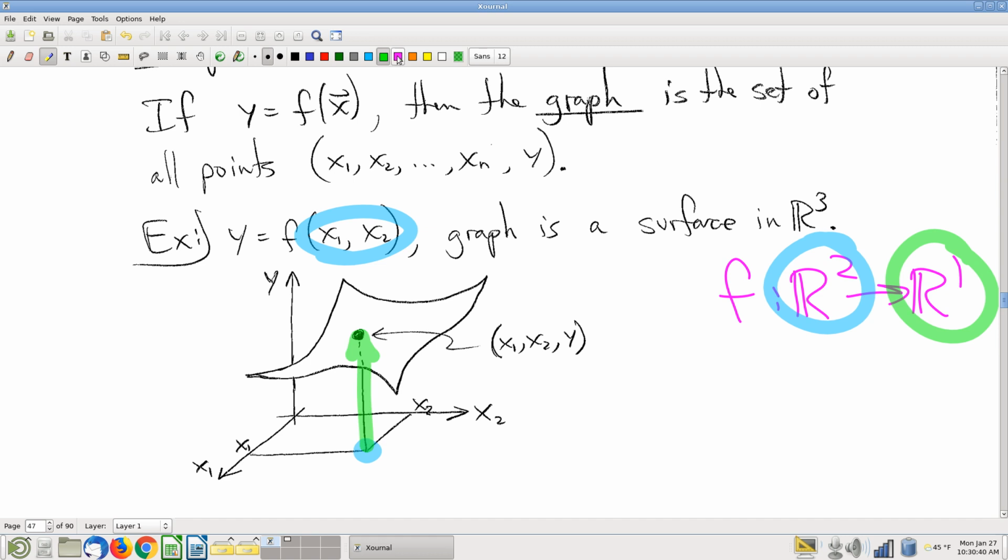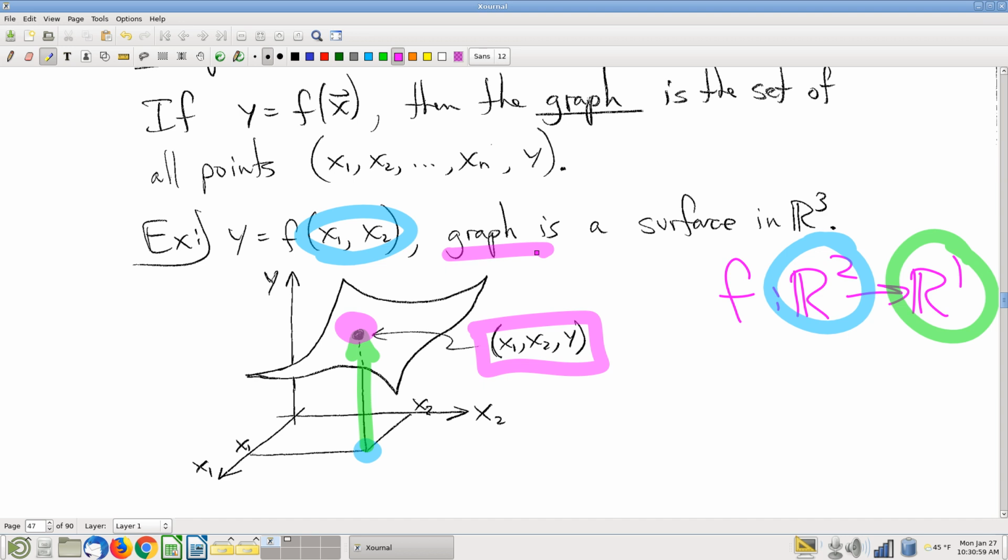Thus resulting in a point on the graph. So I appeal to your geometric intuition. Every point down here in the plane is going to get shoved up by some amount to give you a point on the graph.